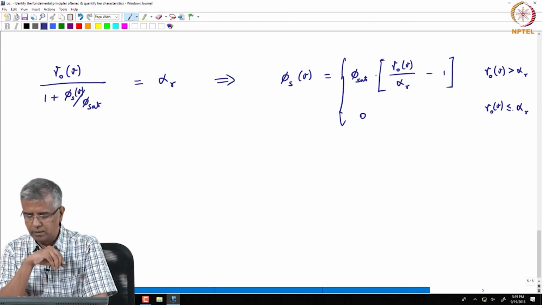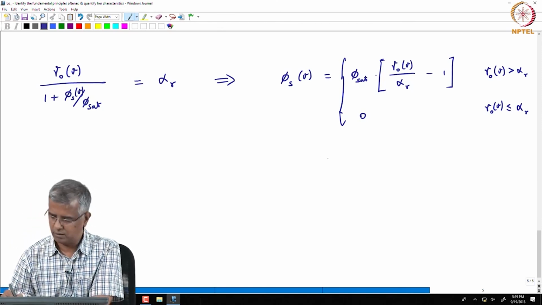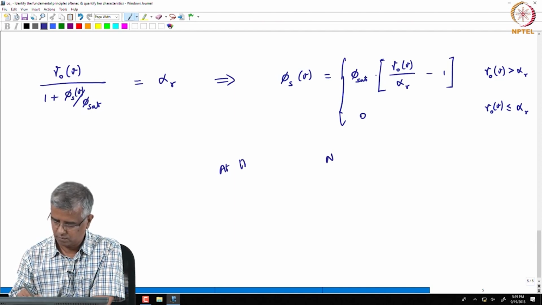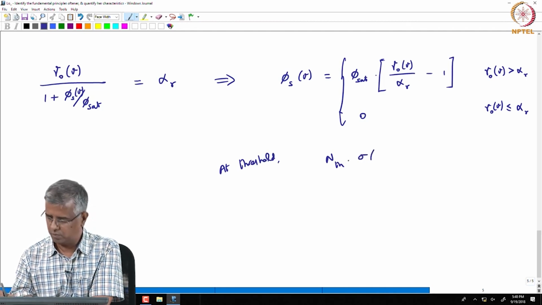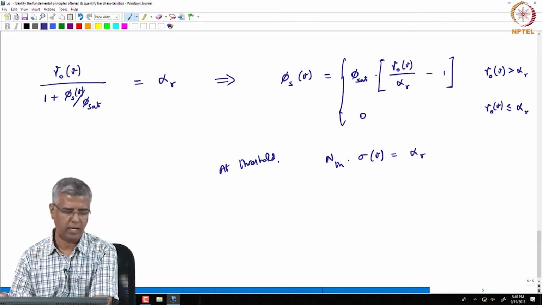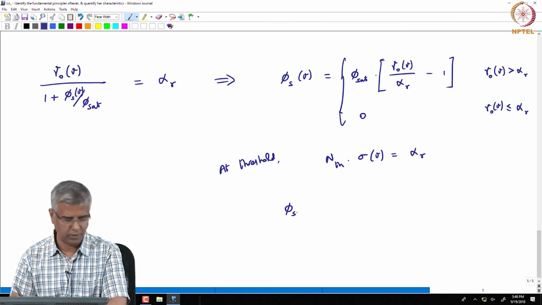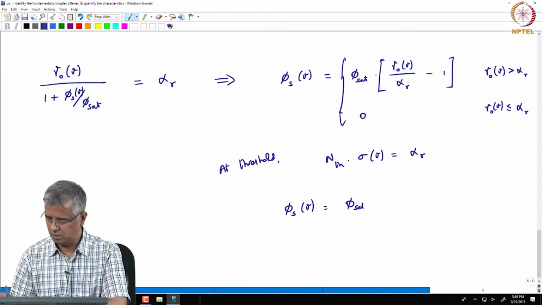Now I can write this slightly differently, since we have already seen that at the threshold, the threshold inversion multiplied by sigma of nu equals alpha r. I can write phi s of nu equal to phi sat.